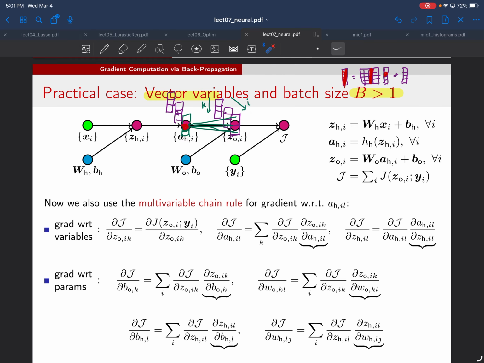And then those, as we know, are going to affect J. So now we do have this multivariable chain rule because we have independent paths, and we need a sum across this, indexed by K. So here's the sum over K, and then we have dJ/dZO_ik and then dZO_ik/dAH_il. So those are those.